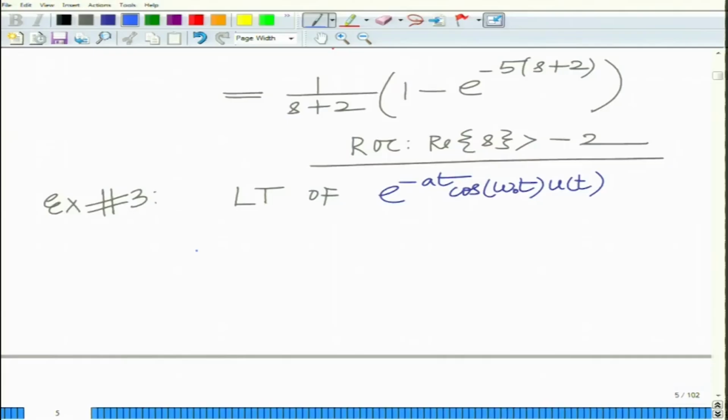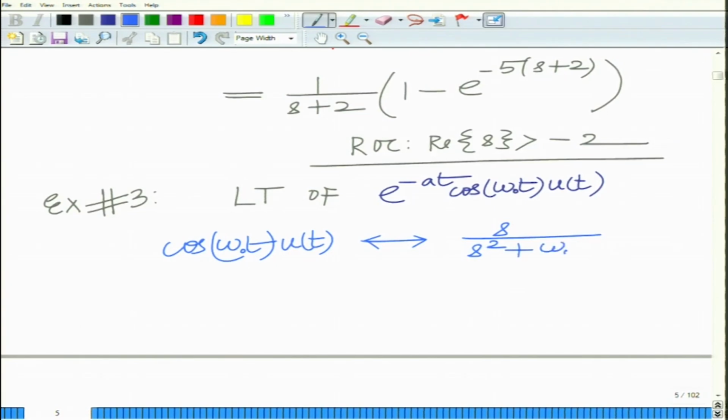Okay. So, we already know that the Laplace transform of cosine omega naught t u(t) is s divided by s square plus omega naught square, and the ROC for this is that the real part of s is greater than 0.